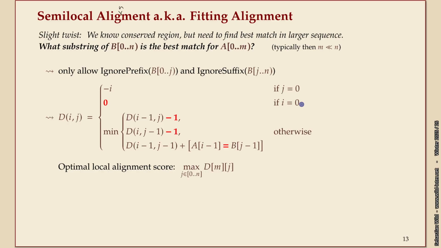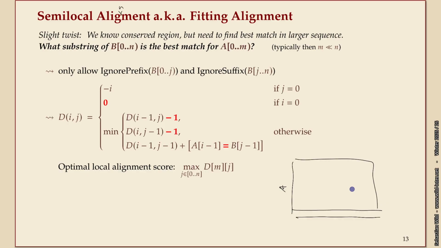I'm still going to have to optimize at the end over not the entire matrix, but from the last column. So this is A, right? I want to keep all of A, but I'm fine to ignore any suffix of B.